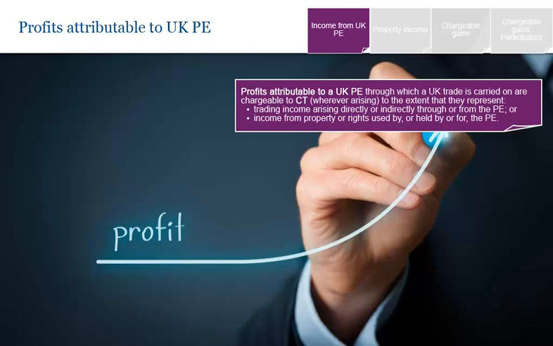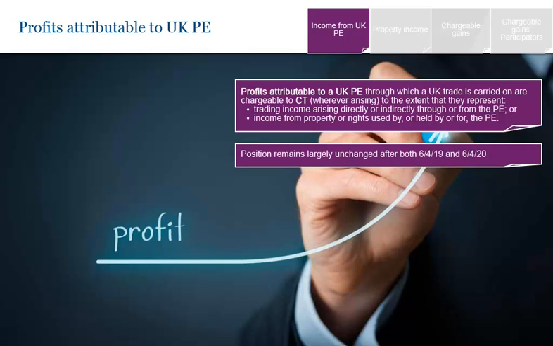The profits of a non-resident company, wherever they arise, that are attributable to a UK PE through which a UK trade is carried on, will be chargeable to corporation tax to the extent that they represent either trading income arising directly or indirectly through or from the PE, or income from property or rights used by or held by or for the PE. This remains the case both after 6 April 2019 and also after 6 April 2020.